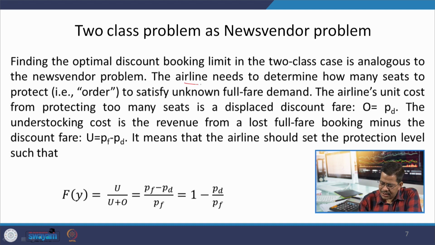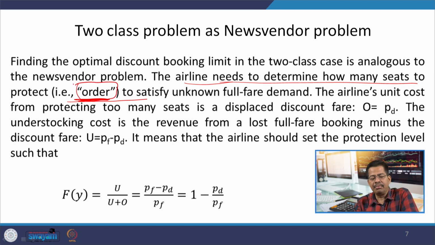As I just mentioned, the airline needs to determine how many seats to protect or order. Here you can see the seats which you are protecting for full fare are equivalent to the order this news vendor is placing for procuring the newspapers. So, it is very much similar to this.